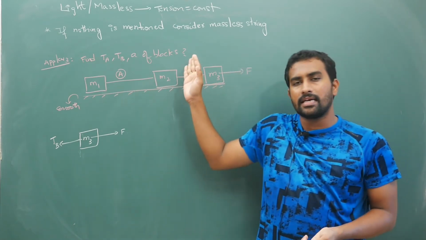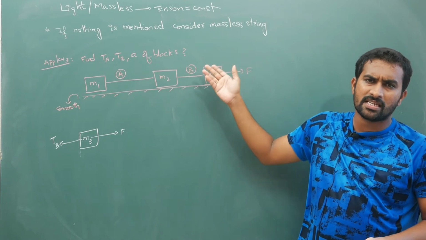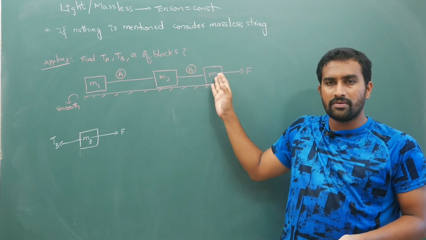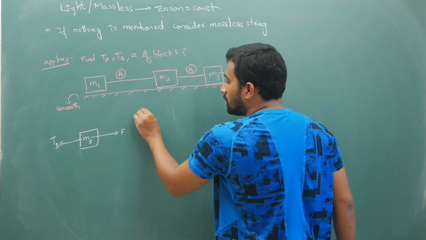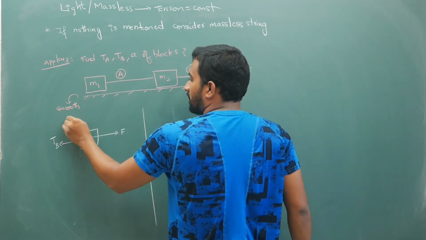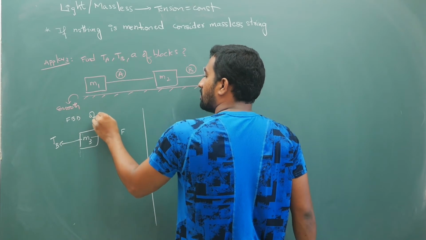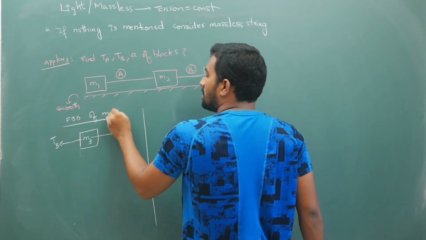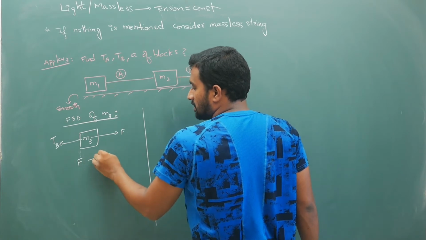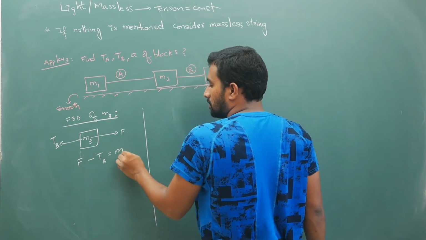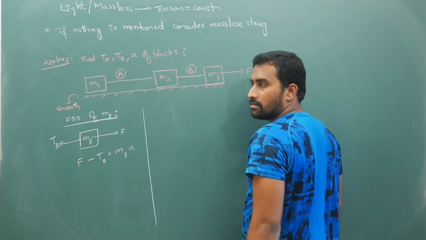In the vertical direction it will not move, from common sense, and even if forces act, N and mg will balance. So in the horizontal direction, from the FBD of M3, the equation you are going to write is F minus TB is equal to M3 into A.